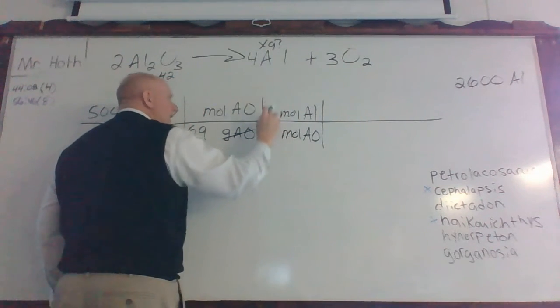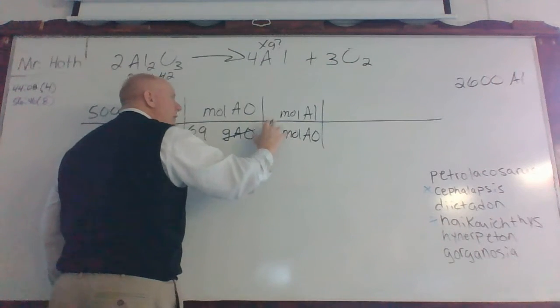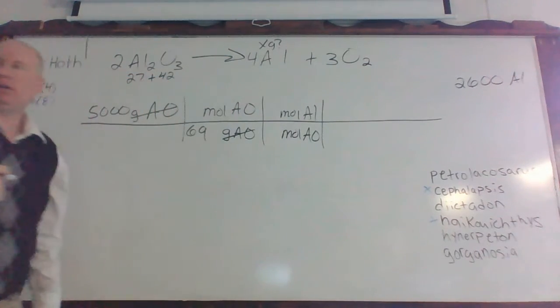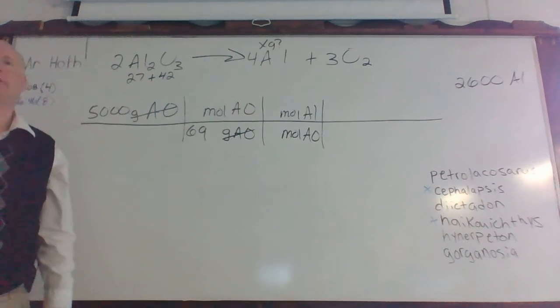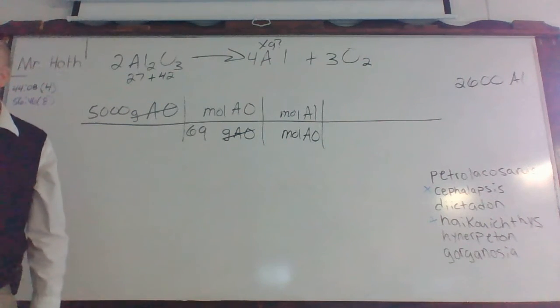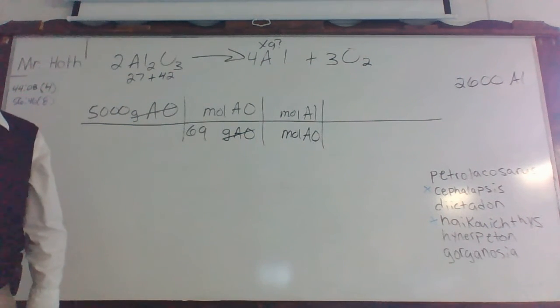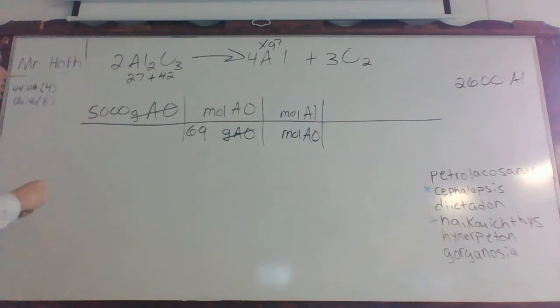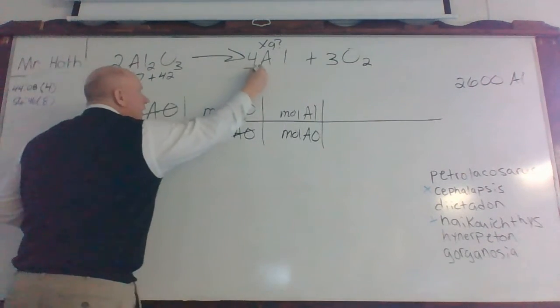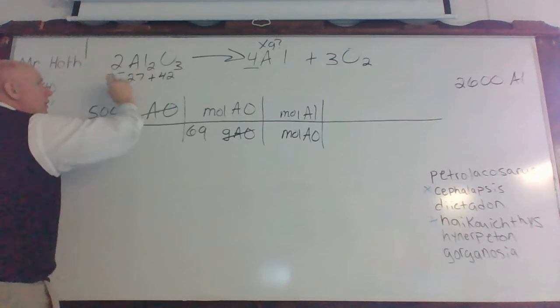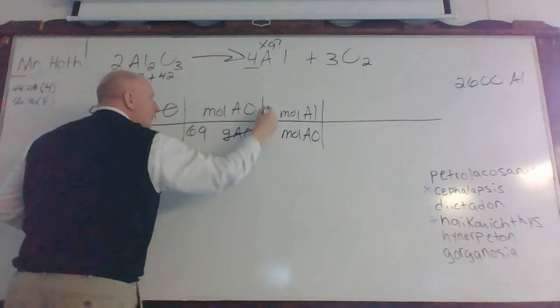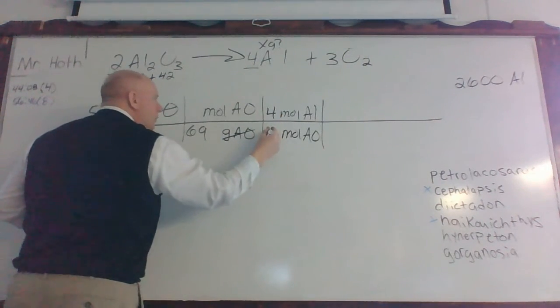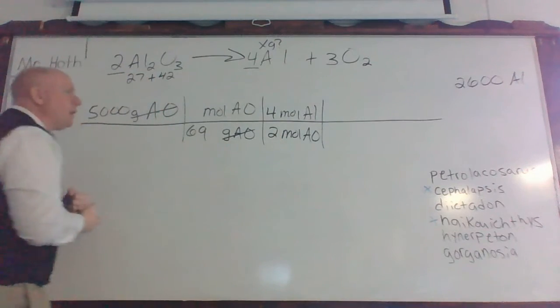Anytime we see this, we've got to go back to our balanced chemical reaction and put coefficients in there. So which one would go where? Okay, so we see this 4 here and this 2 here. So the 4 goes up here, the 2 down there.